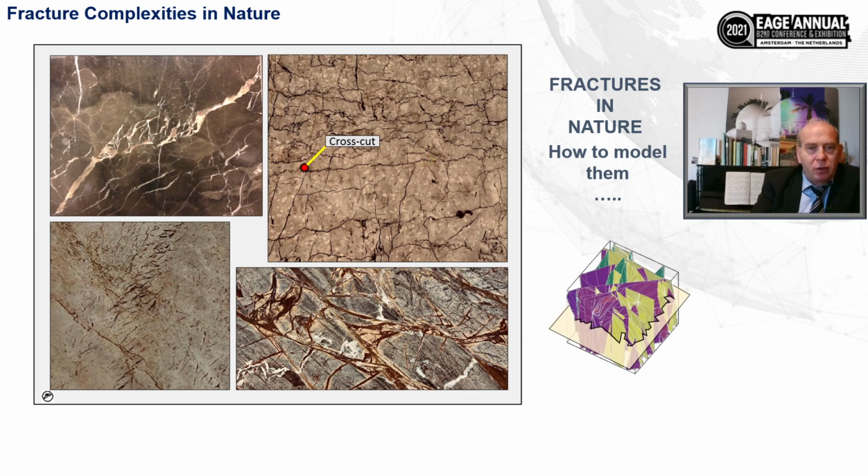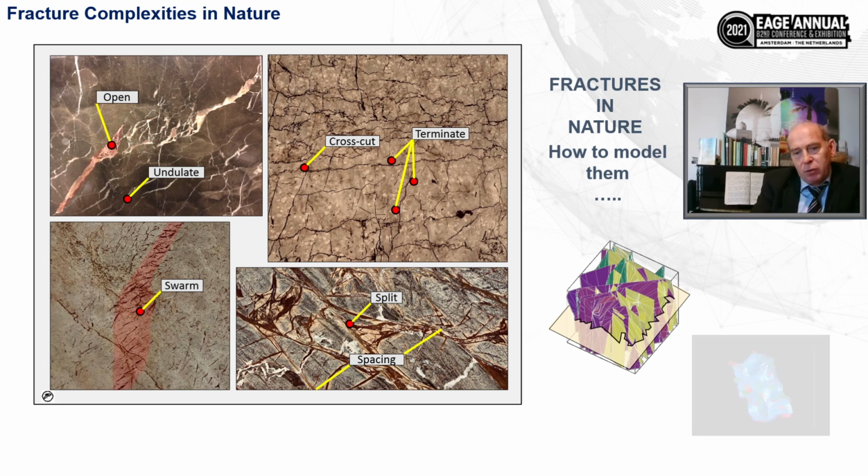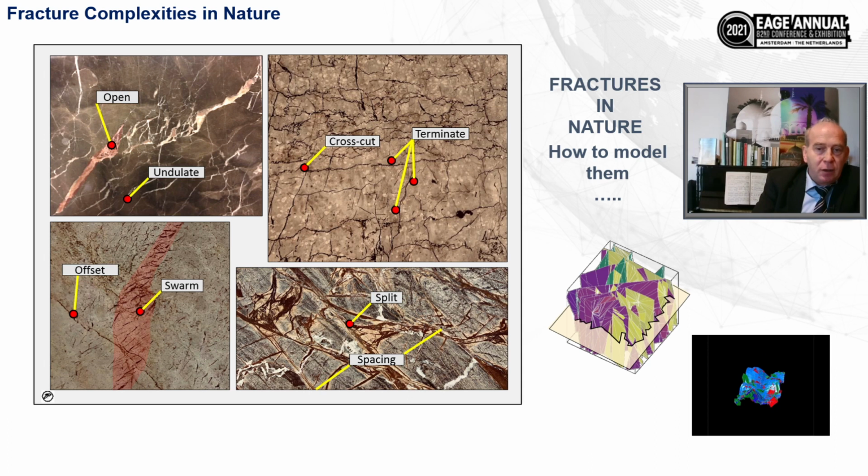Fractures cross-cut, fractures terminate against each other, they split, they show specific spacings, they are represented in swarms, they undulate, and they show openings, just as a few examples of these complexities. And in the end, we would like to represent these different relationships in a computerized model, for which we use the DMX protocol, which was introduced in 2019.